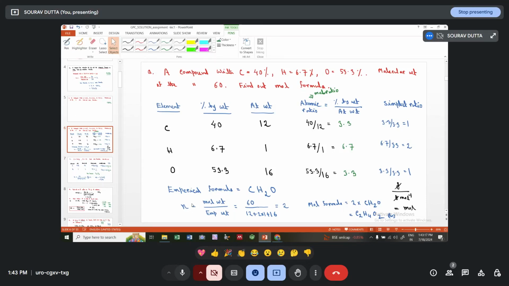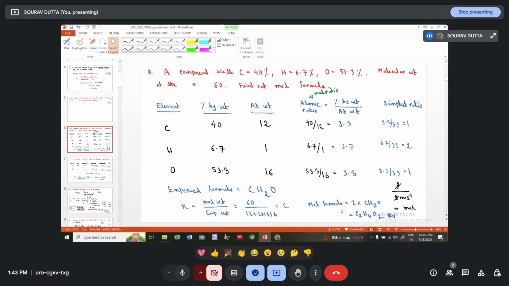Now n equals molecular weight divided by empirical weight. The molecular weight is given as 60, and the empirical weight you can easily calculate because the empirical formula is already present: carbon 12, hydrogen 1, and there are 2 hydrogens, so 2 into 1, and 1 oxygen with atomic mass 16. So this value is 60 divided by 30, which is 2. So the n value is 2.